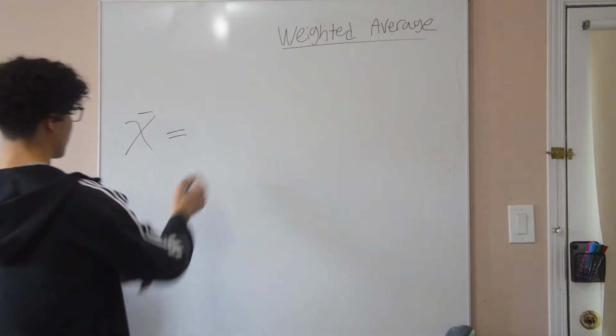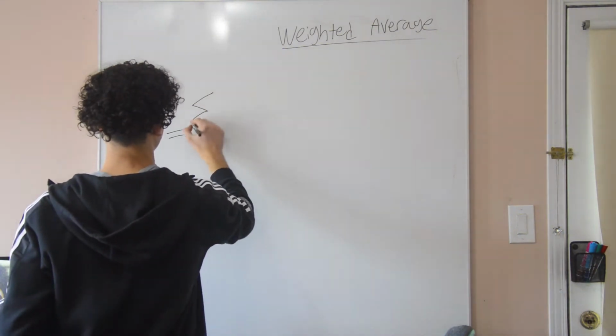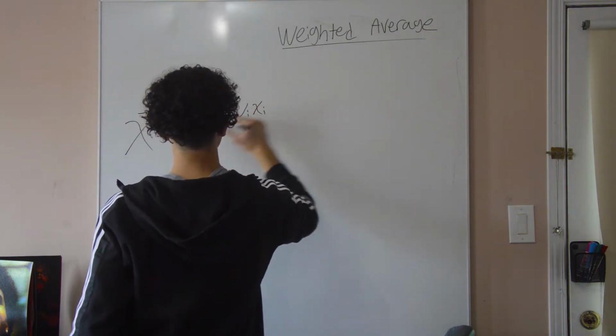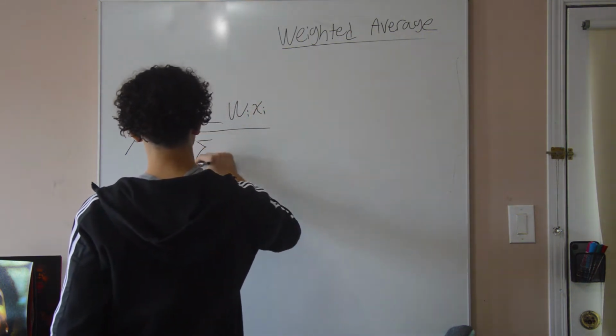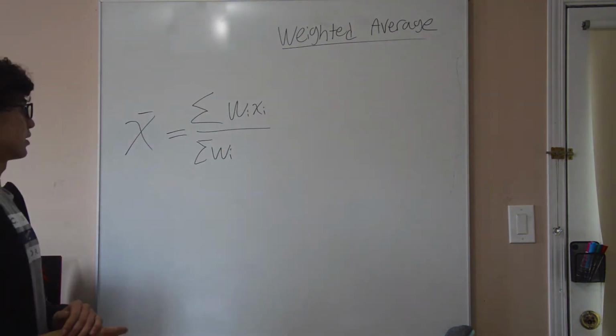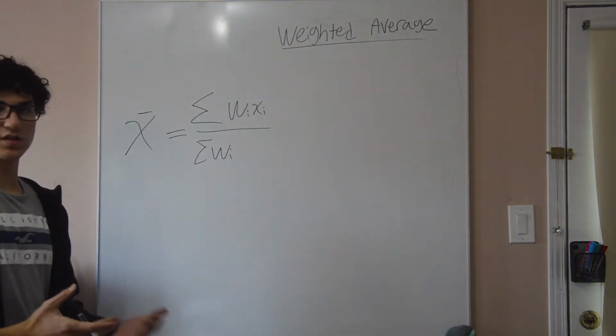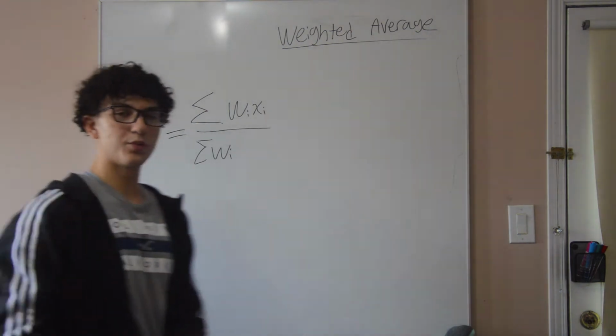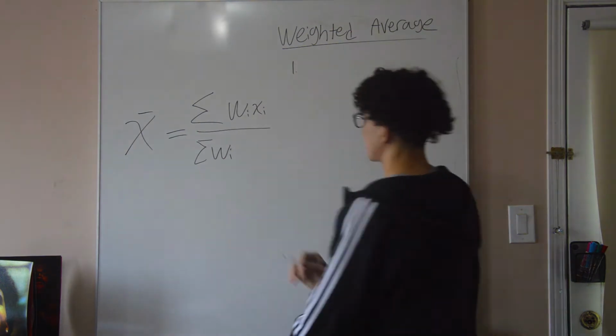So x bar is equal to the sum of the weight times the value divided by the sum of the weights. Just like that. And a lot of you might be asking, well, what's the weight? Let's just jump into an example, and I hope you understand. So example 1.